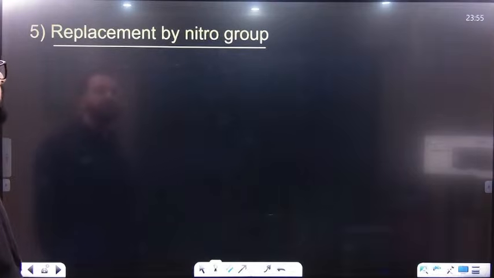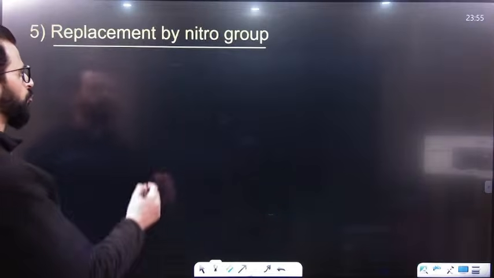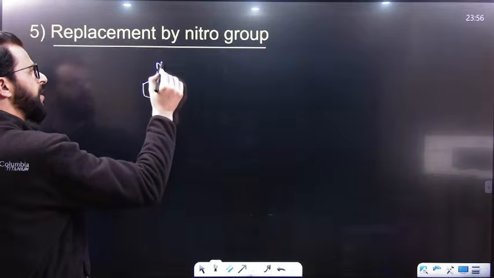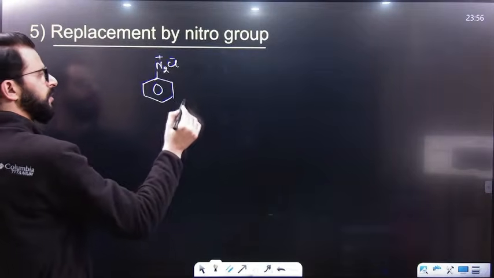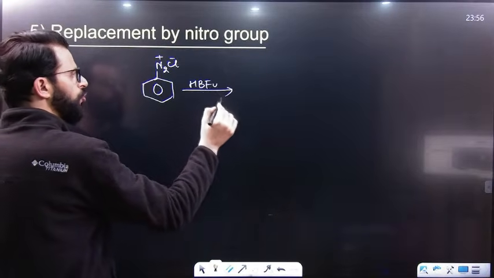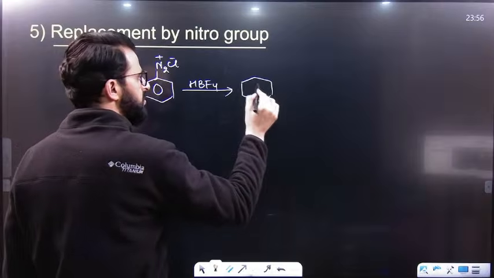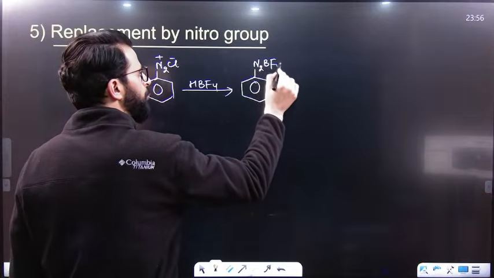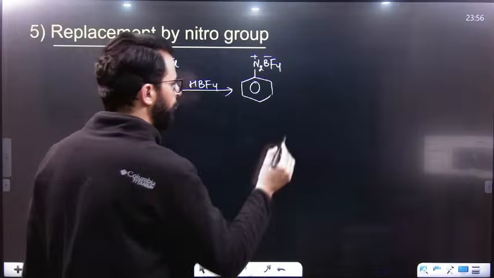After that, next is replacement by nitro group. Have a look. If you are having N2Cl minus, you first treat it with HBF4 so that anions will be replaced, and finally you treat it with NaNO2.